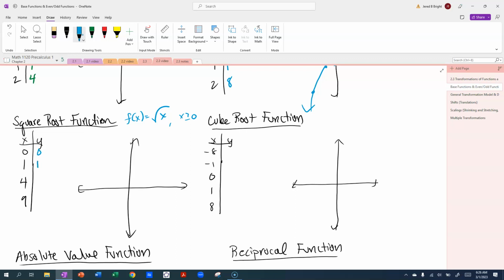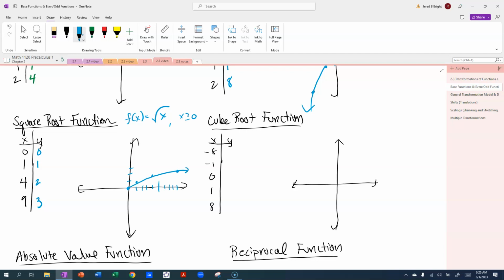Square root of 1 is 1, square root of 4 is 2, 9 is 3. Just plotting some things quickly. I would maybe do a more precise job if I had more time. 4, 2, and 9, 3. I get something like this.